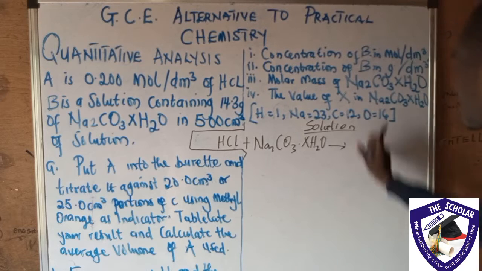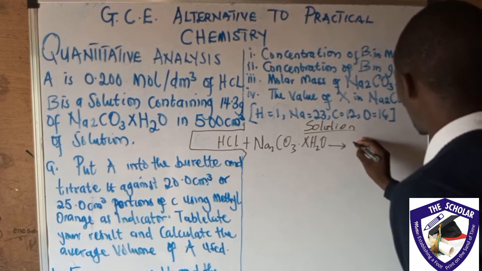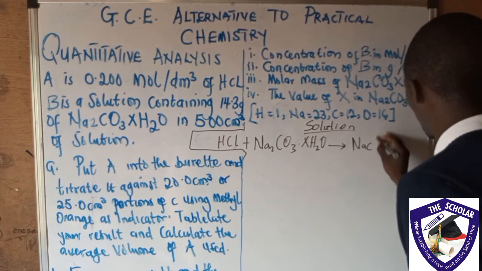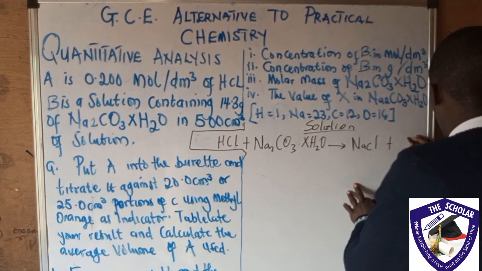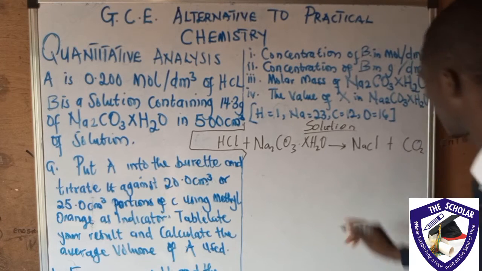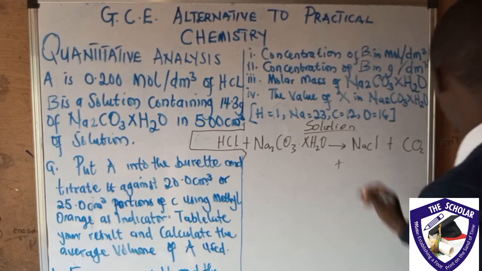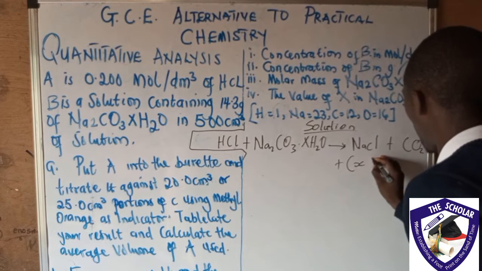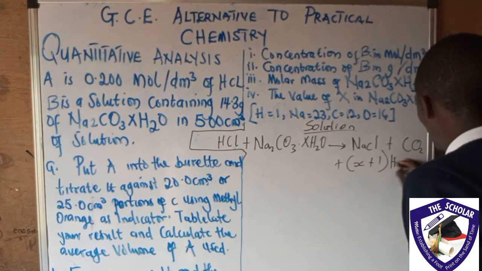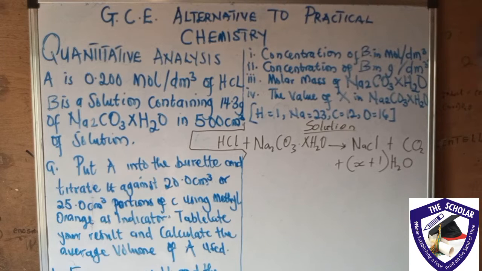When these two react, it gives us NaCl plus CO2, then plus X plus 1 H2O. Now let's try and balance this equation.